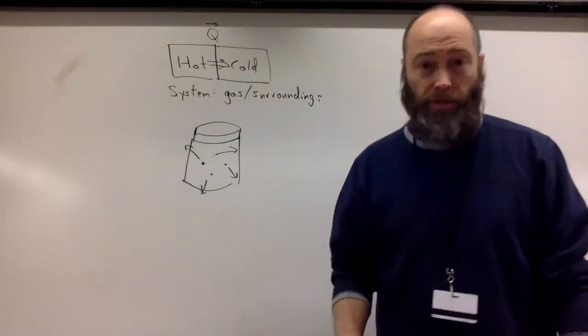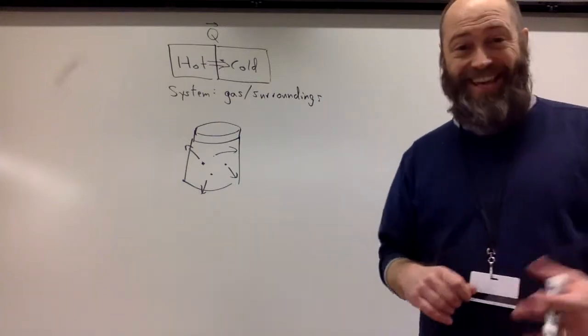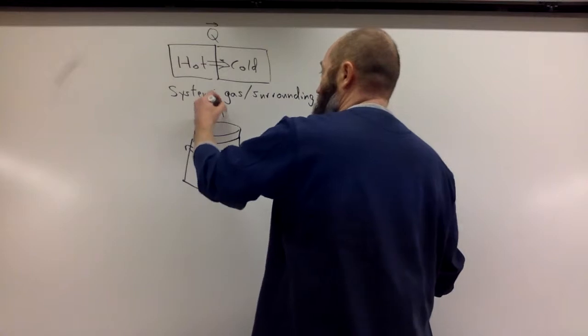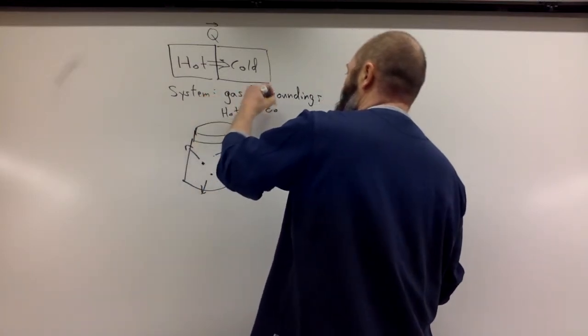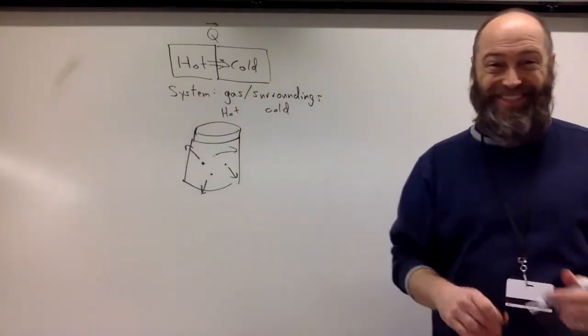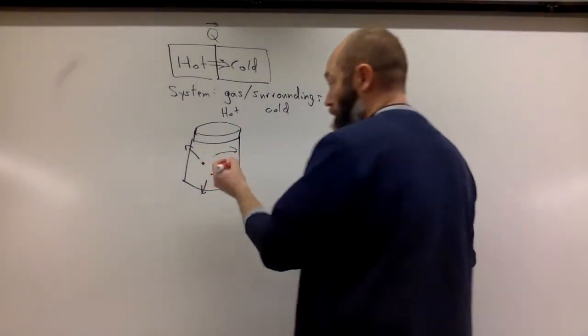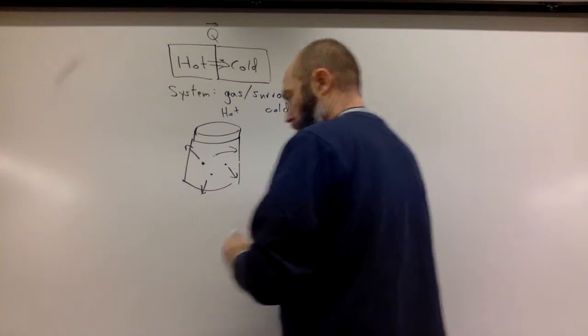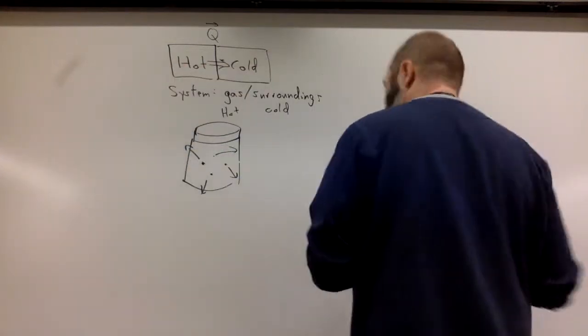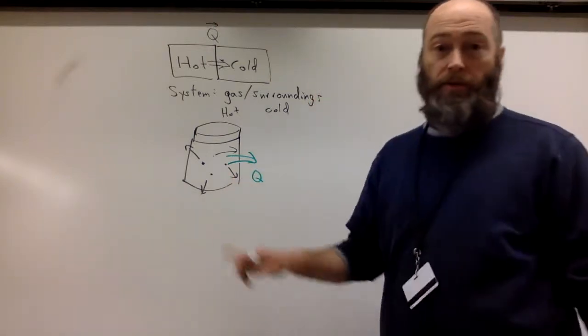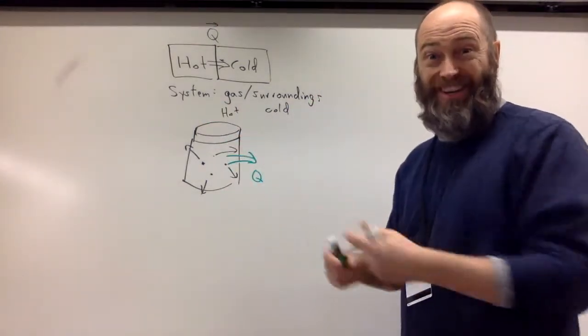In this case, the gas is the hot part and the surroundings is the cold part. So guess what's going to happen? Heat is going to flow from the gas out into the surroundings. That's what's actually happening here.